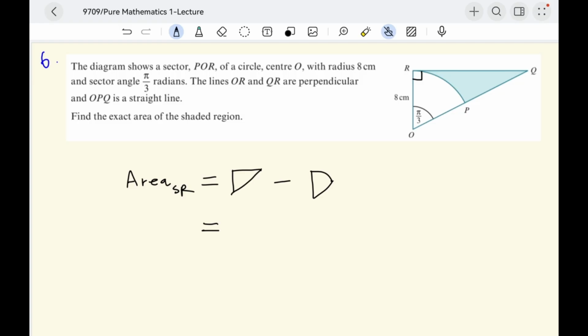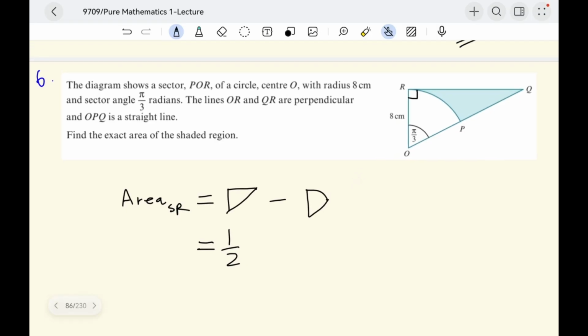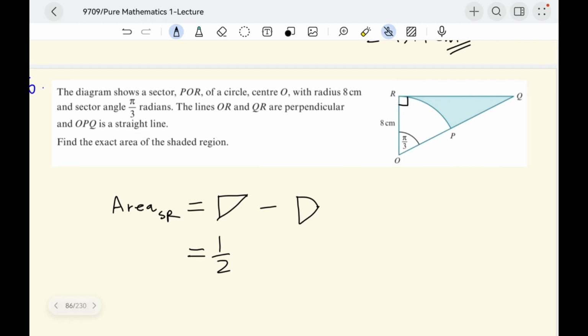So what is the area of the triangle? It is half of the base times the height. So what is the base? How to look for QR? Using the trigonometric ratios that you learned in secondary school, which is tangent pi over 3, QR is literally 8 times tangent pi over 3.